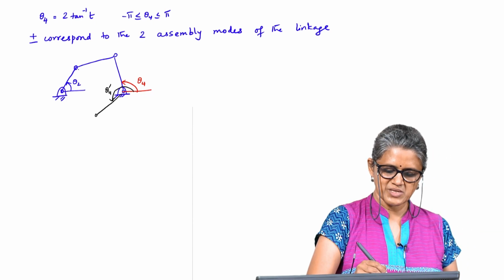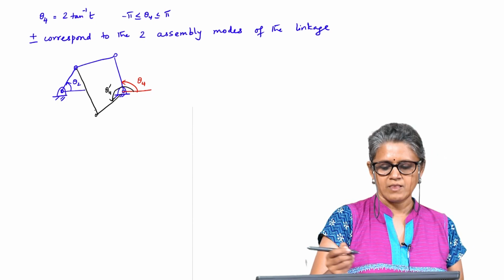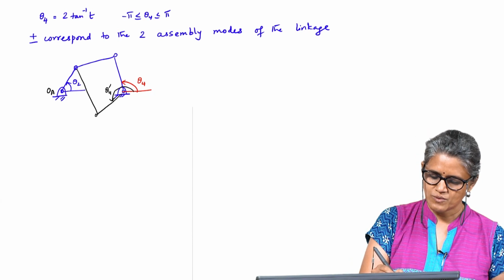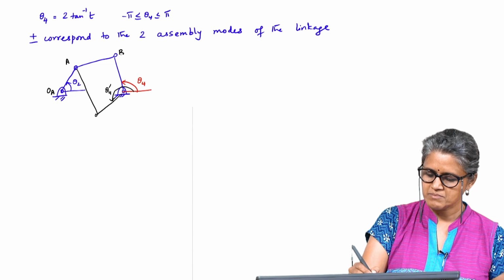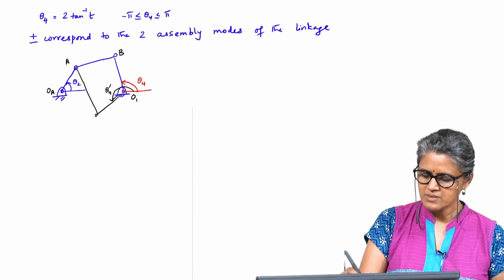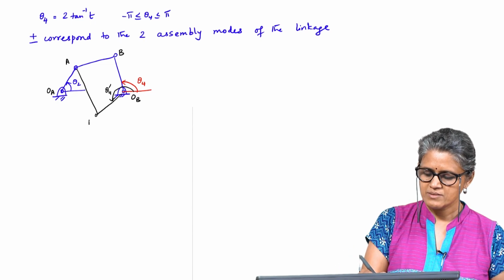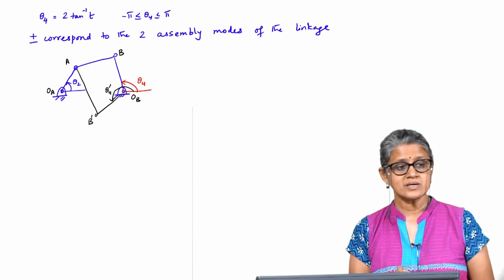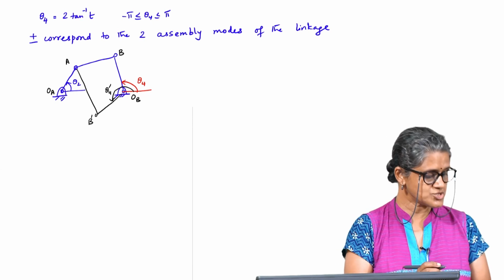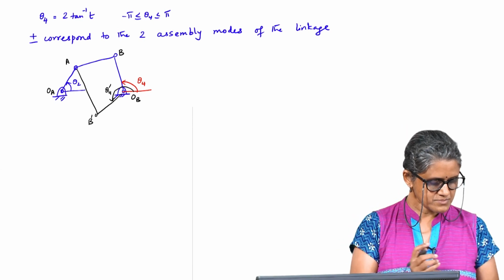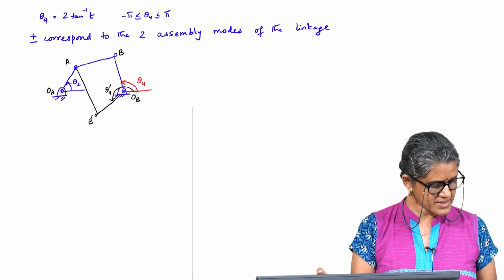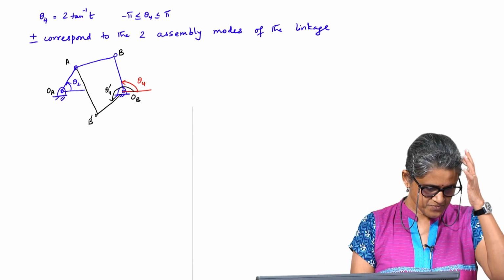Theta 2 remains the same, but this will be the second assembly mode. So, I have OA, A, B, OB, and OA, A, B dash, OB. Those will be the two assembly modes for the linkage, and theta 3 you can find from one of the earlier equations.